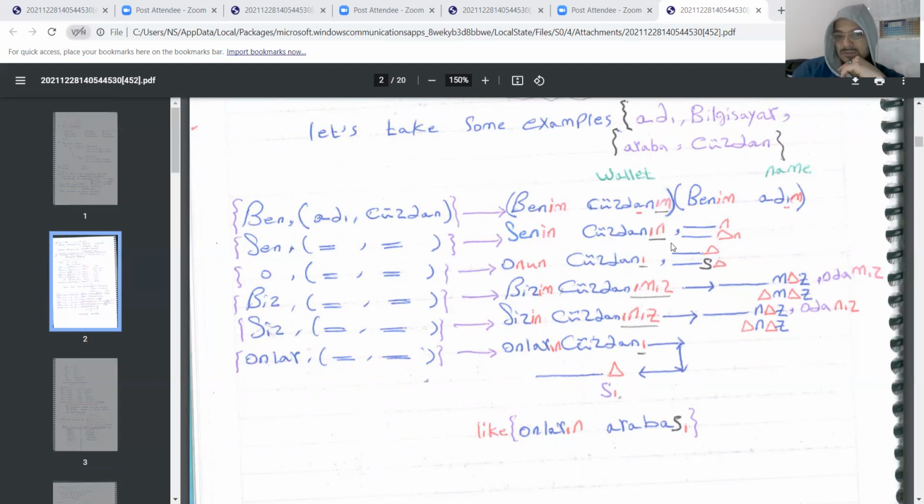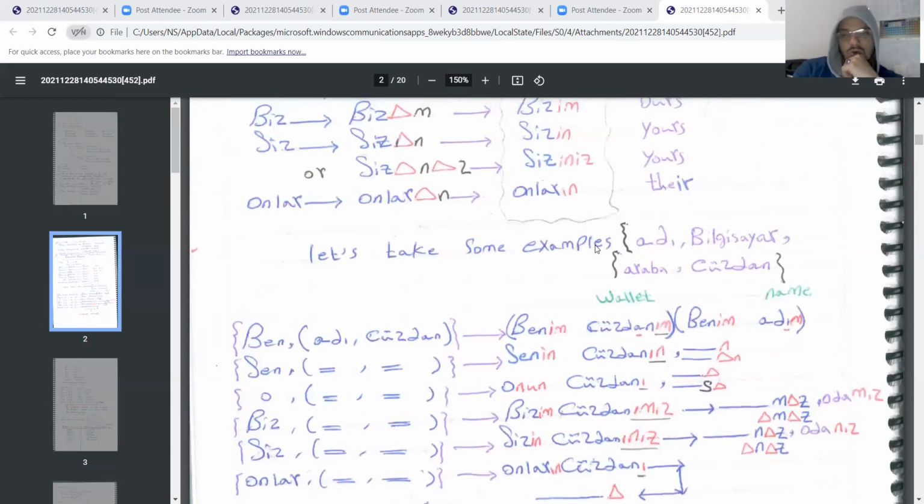Senin cüzdanın, onun cüzdanı. Just here I will put the extra letter. Bizim cüzdanımız, like this simple form. Sizin cüzdanınız, senin cüzdanınız. And the last one with onlar will be onların cüzdanı. That means here my name, my wallet, your name, your wallet.